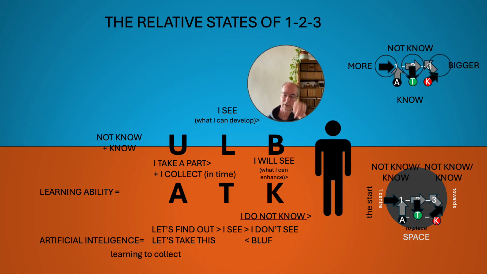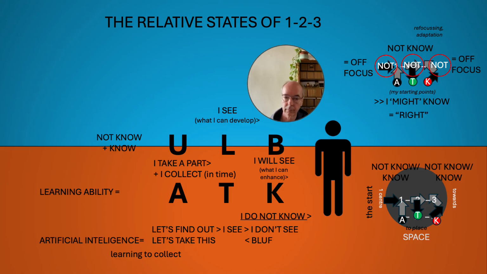If I see the circles, they can be realized with your focus itself, which says, oh no, it seems that a part of all the things I'm dealing with is off. It's not what I expected. Some things I do not know. So I have to refocus a little bit. I have to adapt to that part that I do not know.